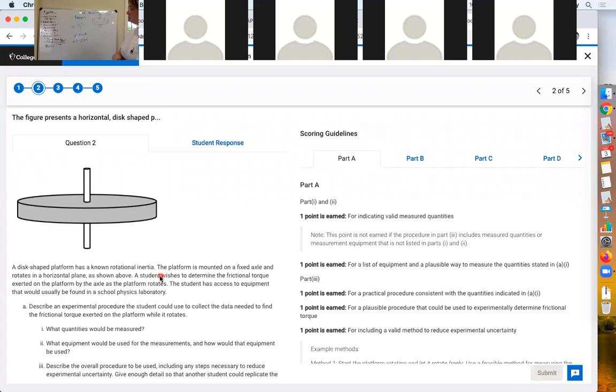Because then we can substitute the change in L with the change in angular momentum. We can substitute the angular momentum with I omega, and then we can change it to I delta omega is equal to torque. Like that?